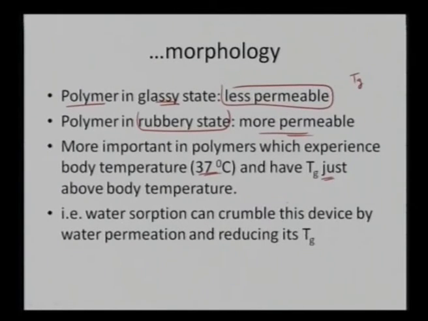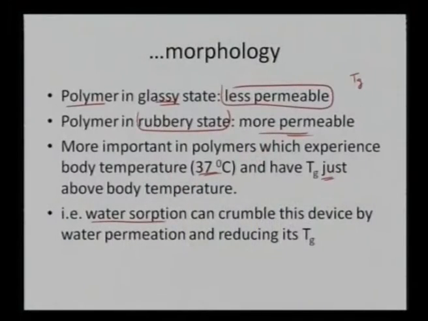temperature will be much more rubbery in nature, and in case there are certain fluctuations in temperature, or water seeps through, or there are certain enzymatic activities, the Tg can be lowered to below 37 degrees centigrade. Even when the Tg is marginally above 37 degrees centigrade, enzymatic or hydrolytic actions can reduce this Tg to below 37 degrees centigrade, and that will tend to crumble the device.